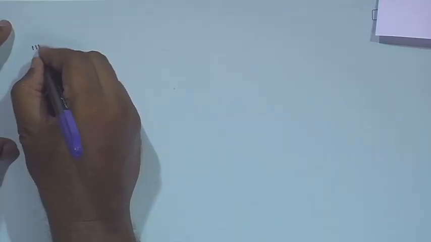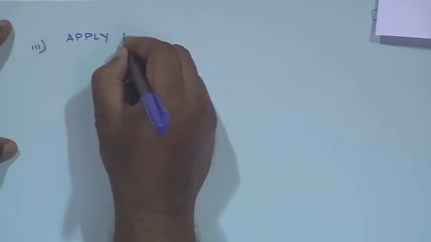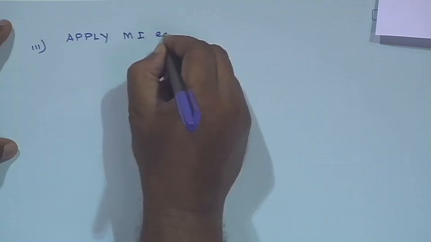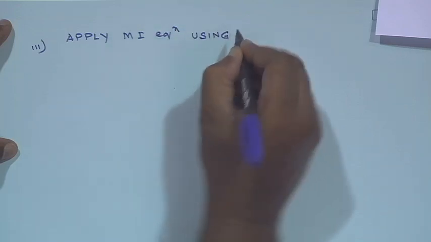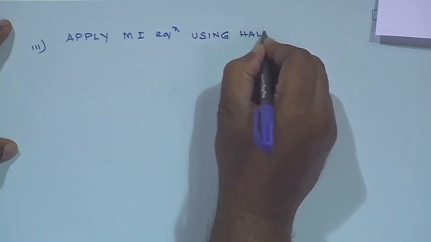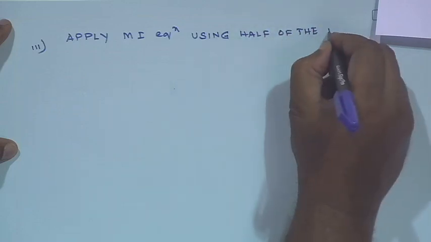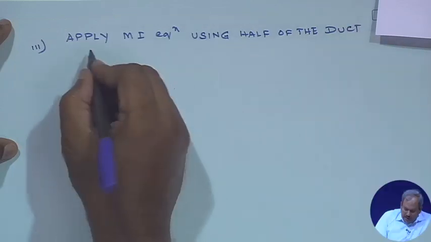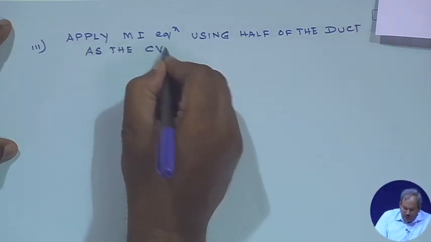So, now we can move to part 3, and in order to solve part 3, I apply the momentum integral equation using half of the duct as the CV, control volume.